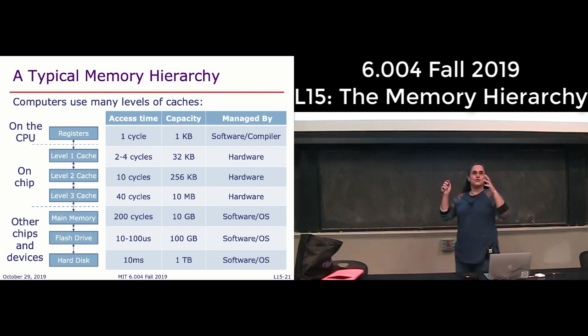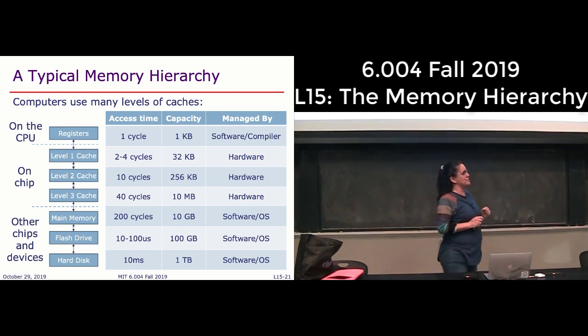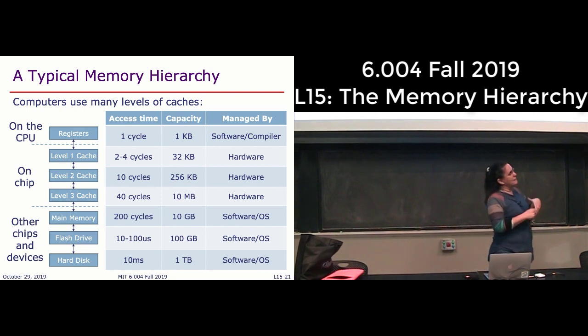Then on the same chip as your CPU, you're going to have potentially multiple different levels of caches, where this level 1 cache is the smallest, and so it's also the fastest. Then the level 2 is a little bit bigger, but also now takes 10 cycles instead of 2 to 4 cycles, and so on, okay?